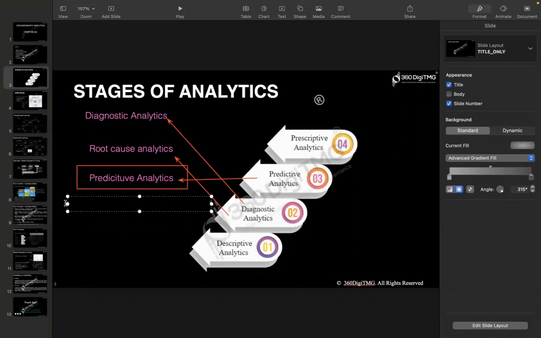Predictive analytics is the branch of advanced analytics that makes predictions about the future.